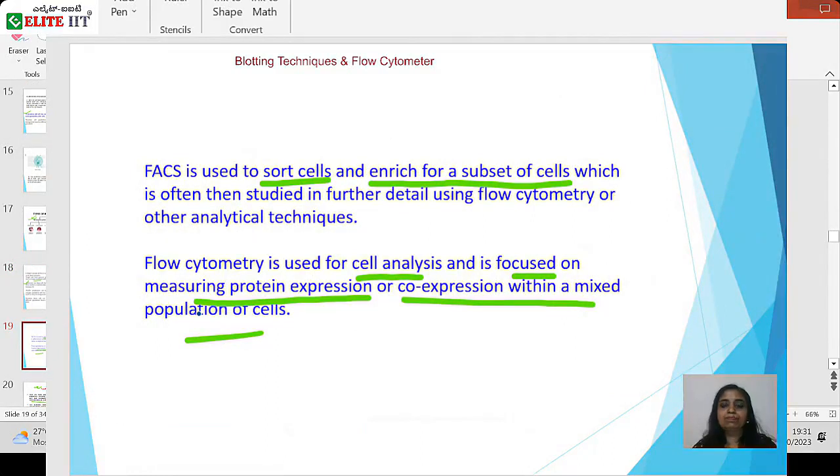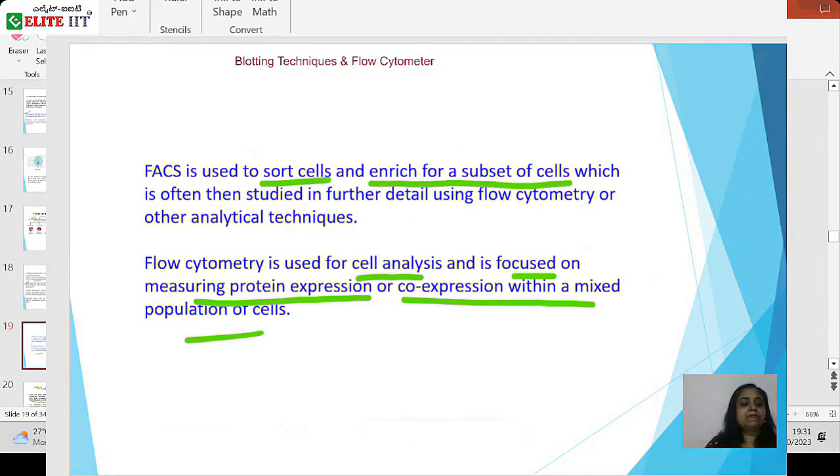Acha, in this case, these are the difference between FACS and flow cytometer. Normal FACS means FACS is used to sort cells and enrich for a subset of cells, which is often then studied in further details using flow cytometry or other analytical techniques. Flow cytometry is used for cell analysis and is focused on measuring protein expression or co-expression within a mixed population of cells. Acha. And that's it.